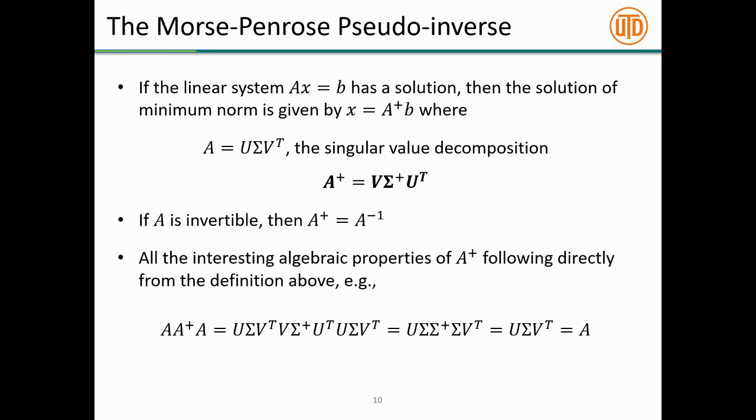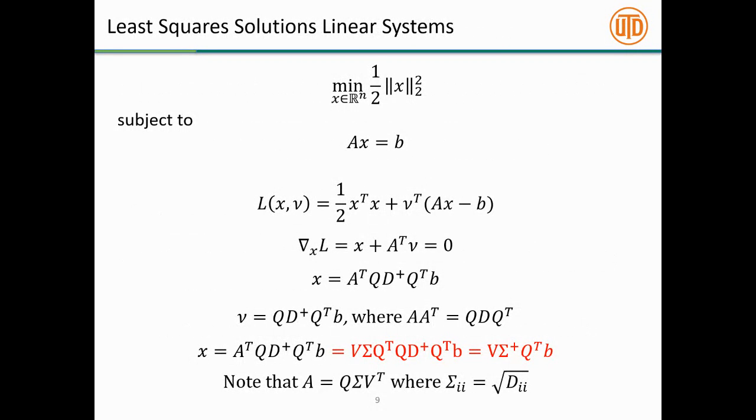Today we're going to continue on with our discussion of the singular value decomposition and its applications. So where we stopped last time was basically the definition of the Moore-Penrose pseudo-inverse. So essentially what we had seen in an earlier lecture was that the least squares solution to a linear system, right?